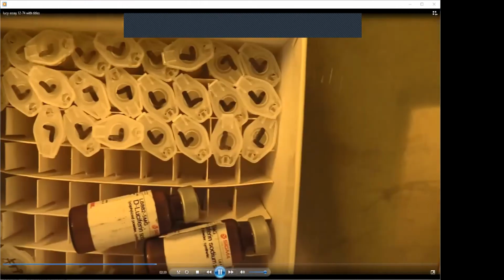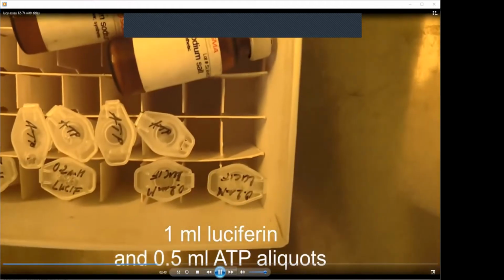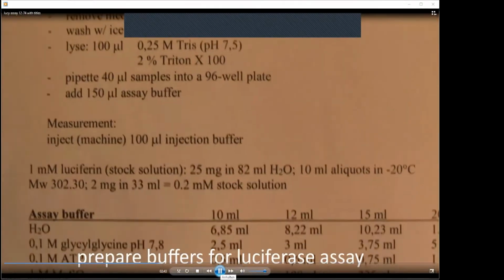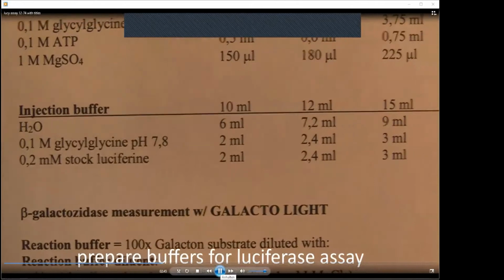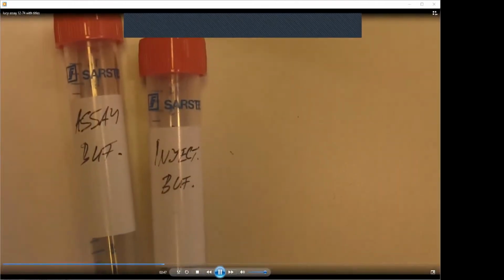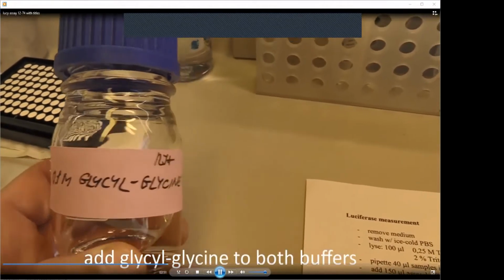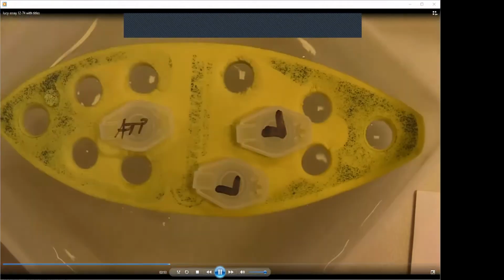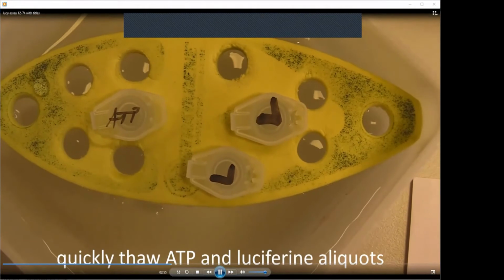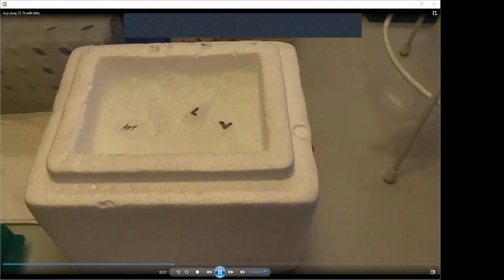So these are the aliquots, and then two buffers have to be prepared for this reaction. This is the assay and injection buffer using water, glycyl glycine, and you have everything in the protocol. ATP and luciferin have to be thawed very quickly, so that's the reason why I put them here in a water bath at room temperature.